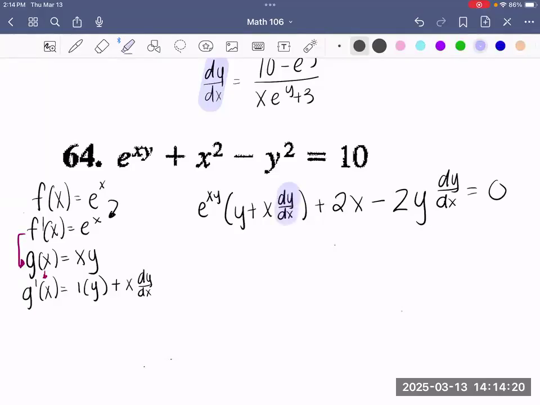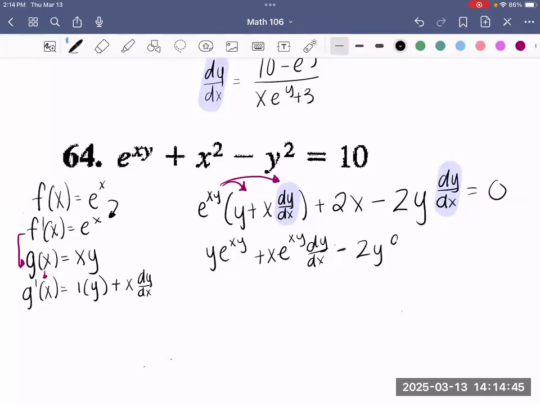So now let's go ahead, as we did from our last example, try to get all of your terms with your dy dx on one side. We might also want to consider breaking this open because it does have parentheses. So let's go ahead and distribute that e to the xy in. Let's see.